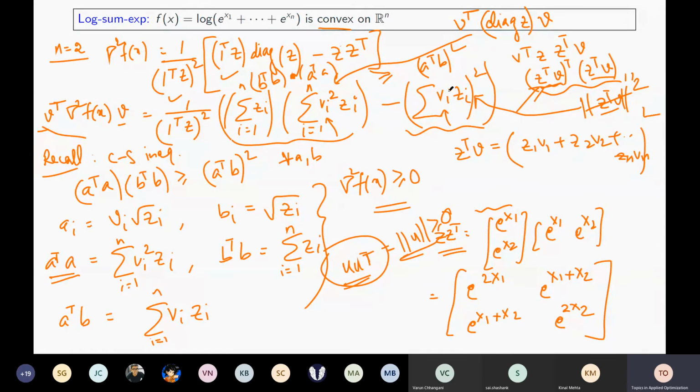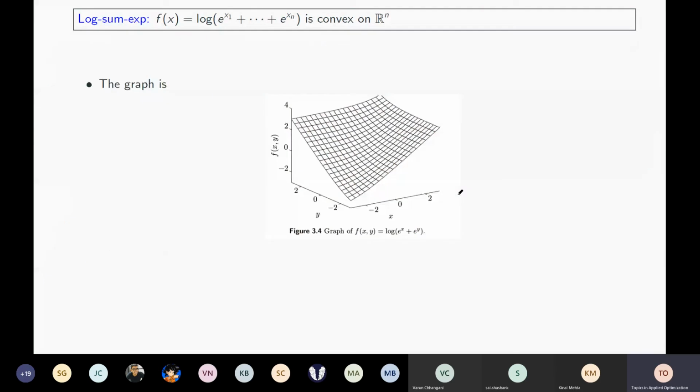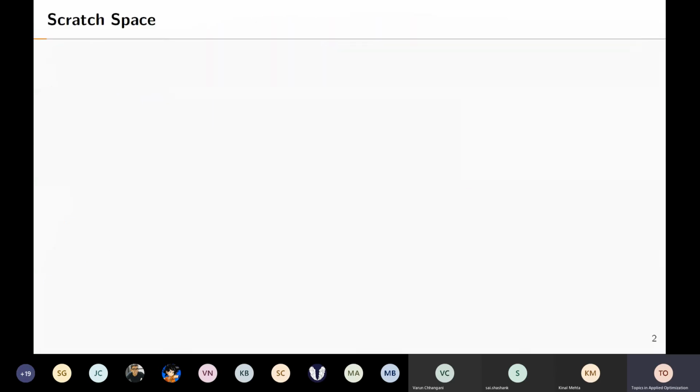So hence this term is greater than or equal to 0, and this term is anyway greater than or equal to 0, because this is a sum of exponents. A sum of exponents can never be less than 0, right? So from there we know that this is greater than or equal to 0. Hence grad square f(x) is positive definite, right? So this symbol means positive definite. Positive semi-definite, yeah. So that was the proof of that.